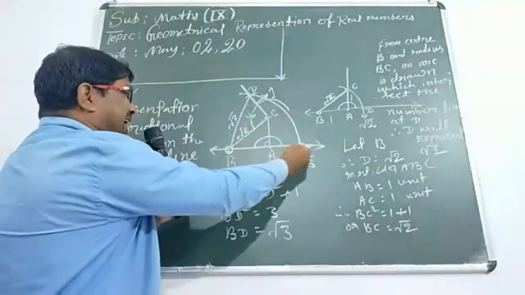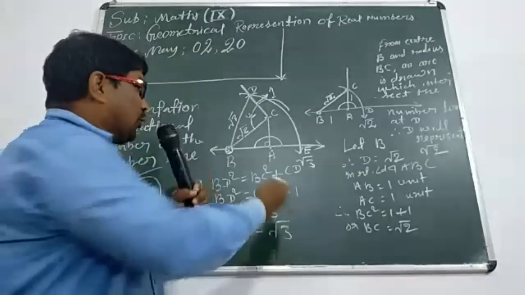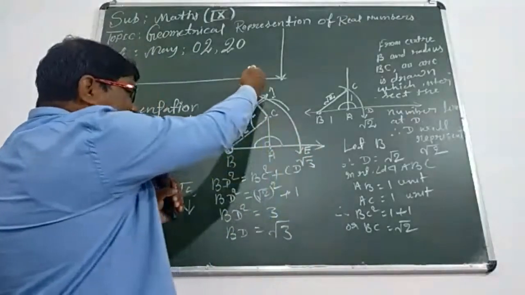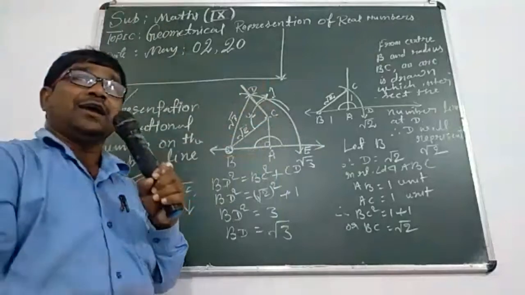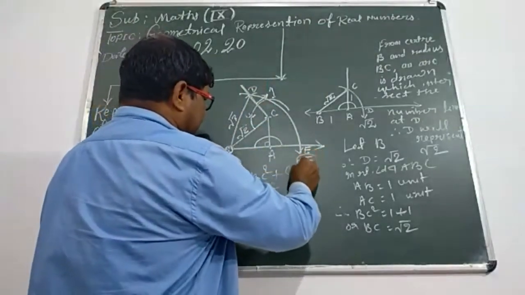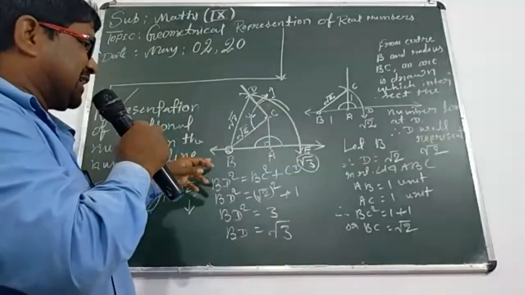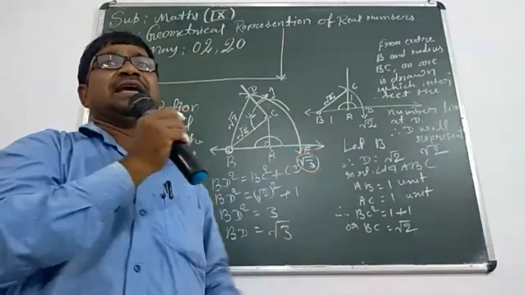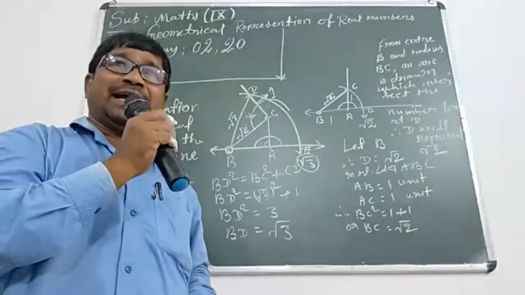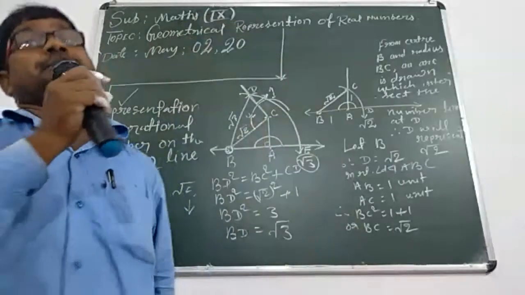In this way, we can say under root 3 will represent the distance 0 to E. And that is the representation of under root 3 on the number line.